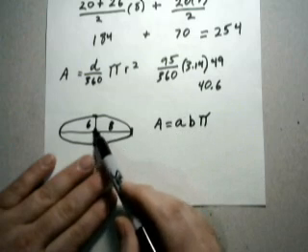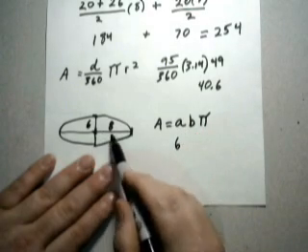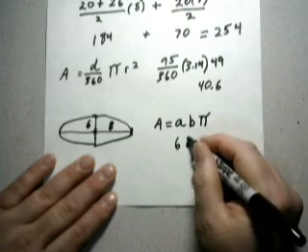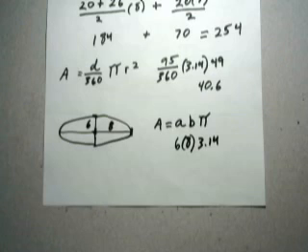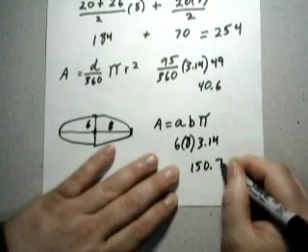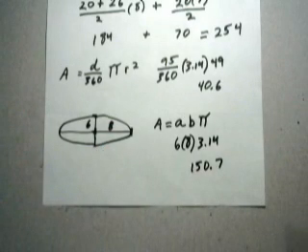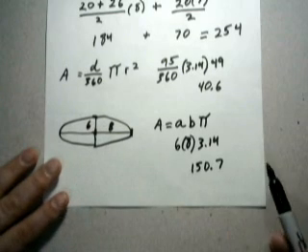So what we have here is from the center to the edge, which is going to be 6, and then from the center to the edge, which is going to be 8, and then we multiply that by pi. So that is 150.7. So remember, it's just 6 times 8 times pi.